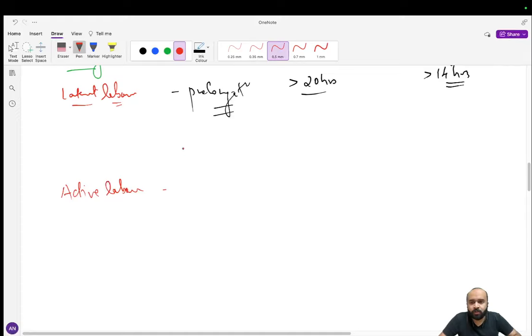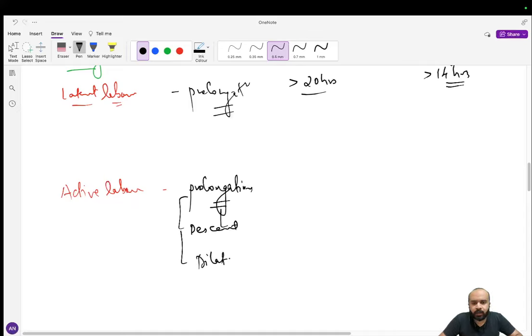So for prolongation, we have first of all the definition for descent, and the second one is going to be for dilatation.